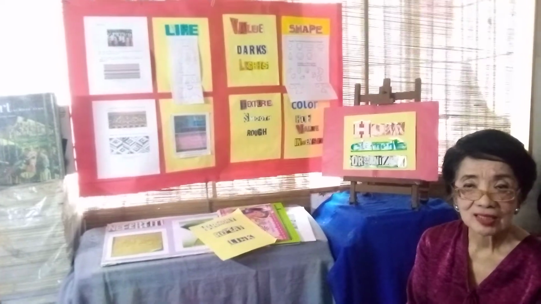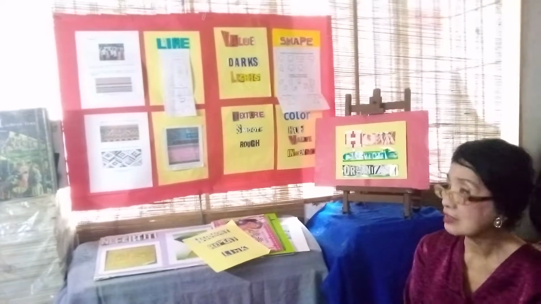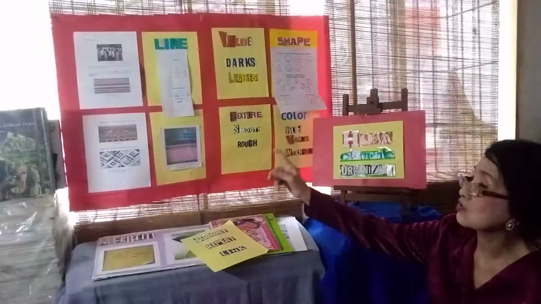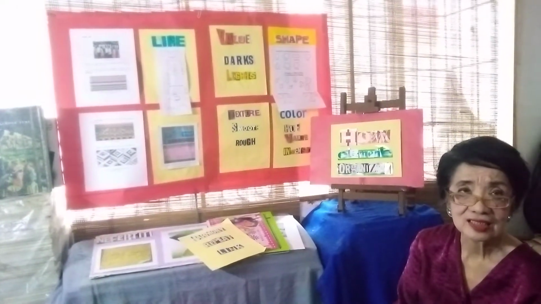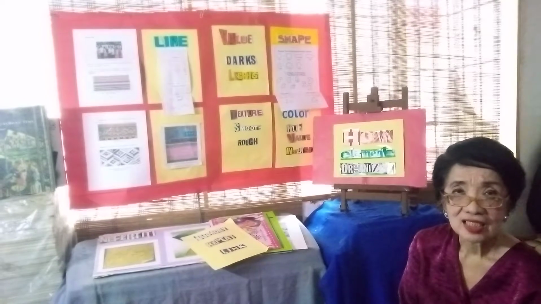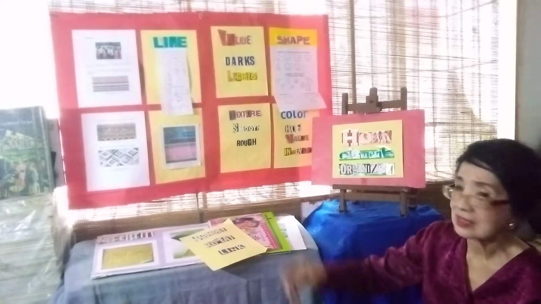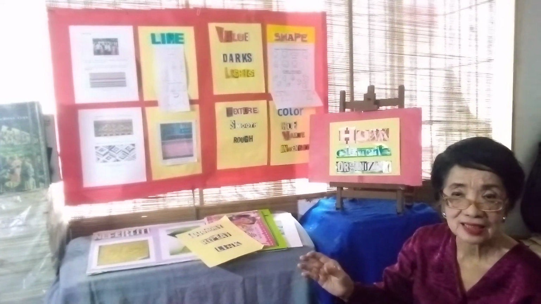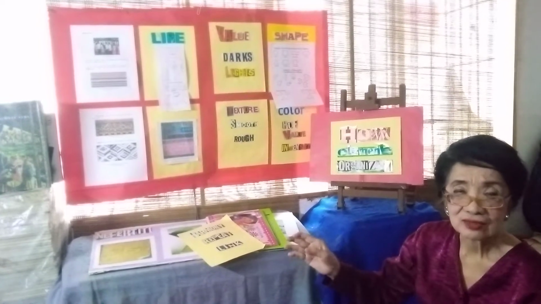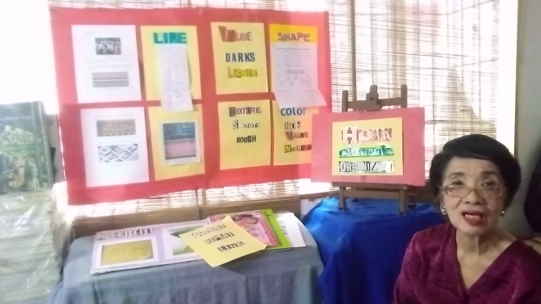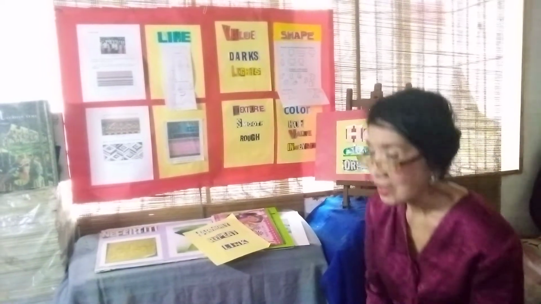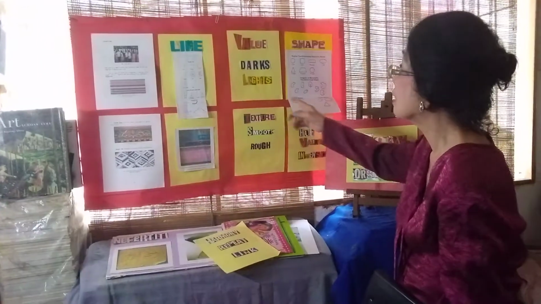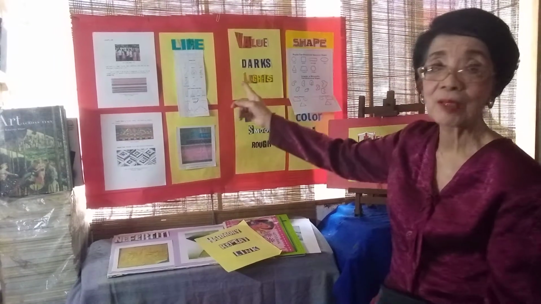If there is a slight change, you get a curved line. Now when the change is abrupt, sudden, and plentiful, you have what we call angular lines. And that is what we have in our physical properties of line.